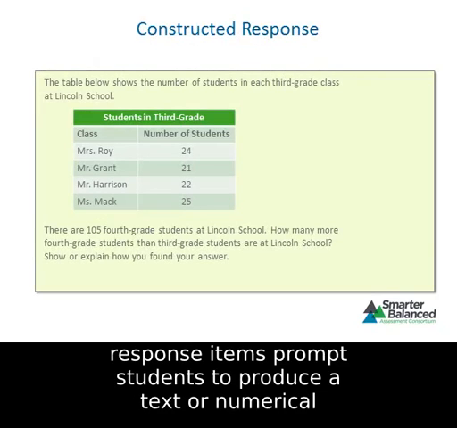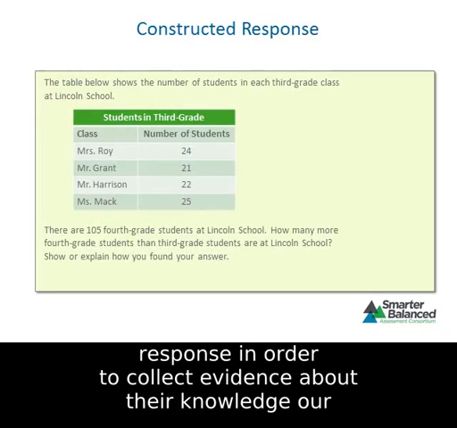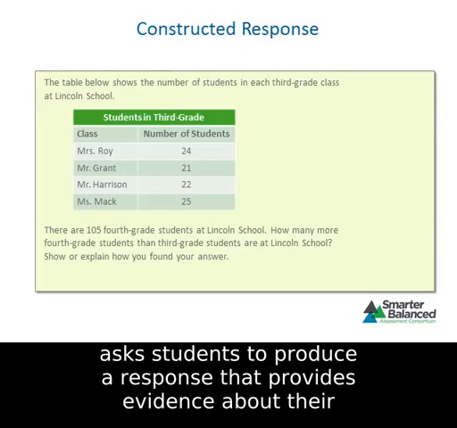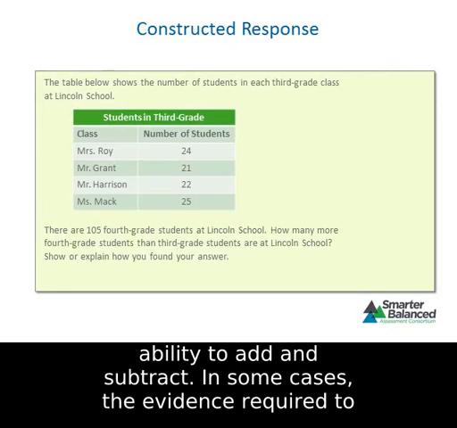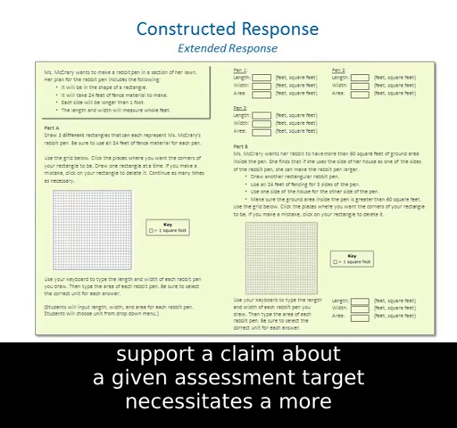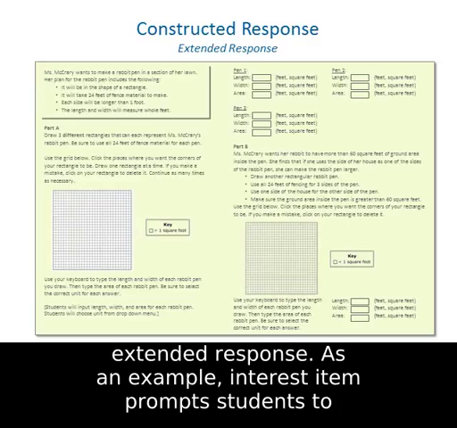Constructed response items prompt students to produce a text or numerical response in order to collect evidence about their knowledge or understanding of a given assessment target. As an example, this item asks students to produce a response that provides evidence about their ability to add and subtract. In some cases, the evidence required to support a claim about a given assessment target necessitates a more extended response.